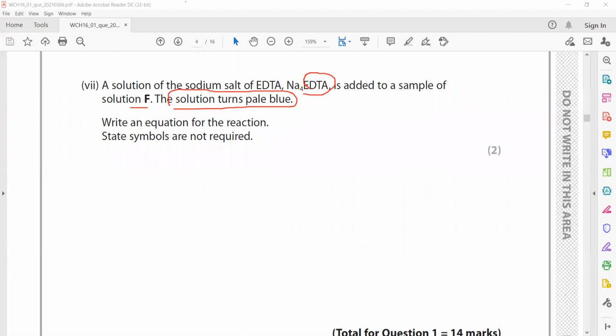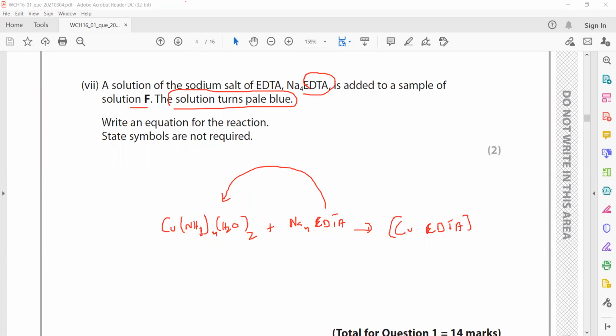Originally, this was what is formed as a solution, and we add Na4EDTA. This will displace all of these molecules, resulting in, because it's a polydentate ligand, it will attach from many sides, and it's soluble.